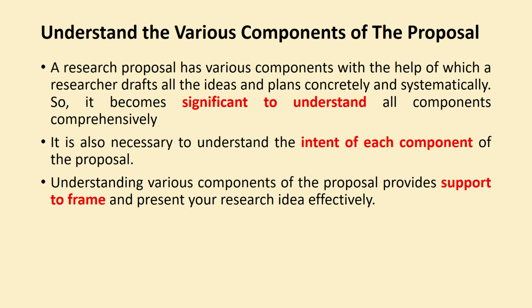As I have just said, you have to understand, for a certain component of my proposal, what its intent is, what it will propose, and what I have to write within that component to make my research proposal stronger, sounder, and more comprehensive.